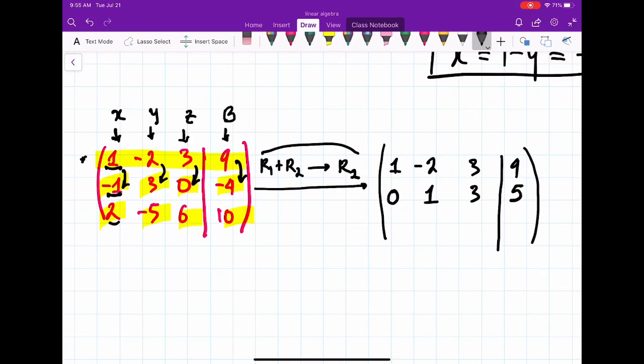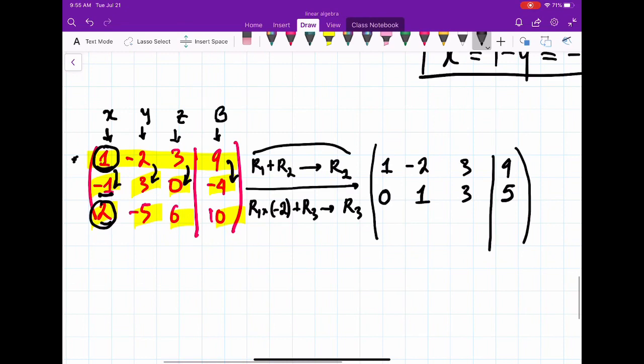Okay, so we can do that on row 3 at the same time. So we have 2 in here, we have 1 in here, so I will multiply R1 by -2. I add to R3, I will do that in R3. How about that? So in R3 I have 0 in here, and then -2 times -2 is 4. 4 plus -5 is -1.